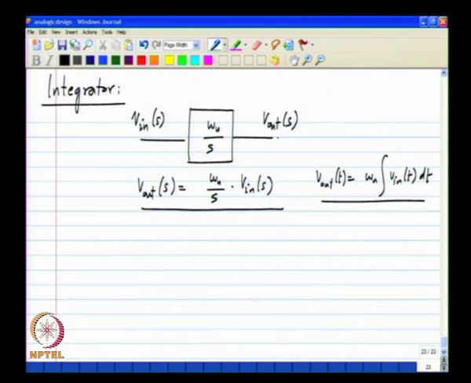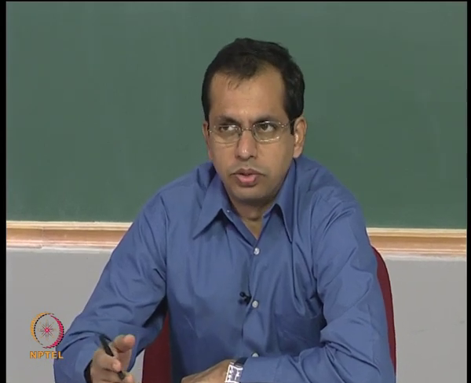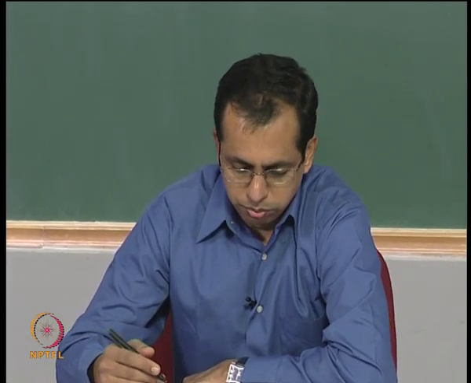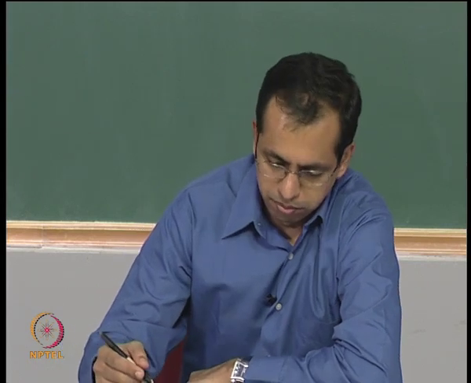Now, the sinusoidal steady state response of this can be very easily seen from the Bode plot. It can also be easily seen from the transfer function, but we will be using Bode plots. So, it is a good practice to use Bode plots for a simple system such as this one.